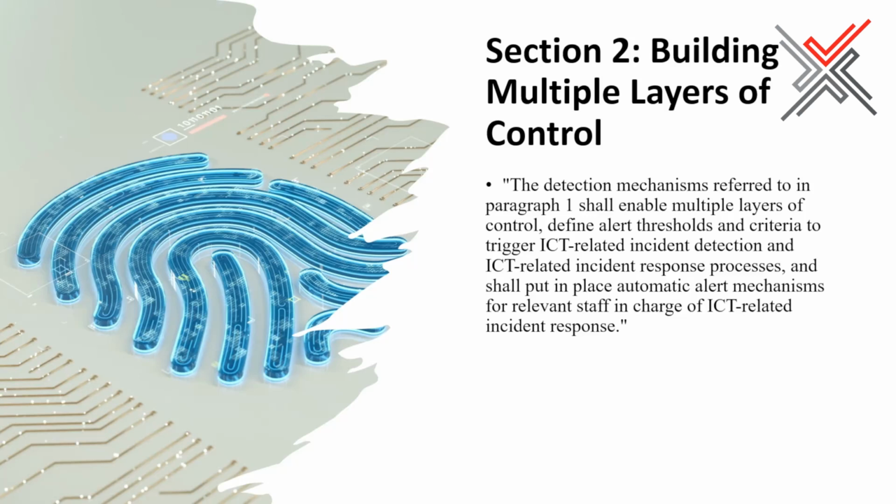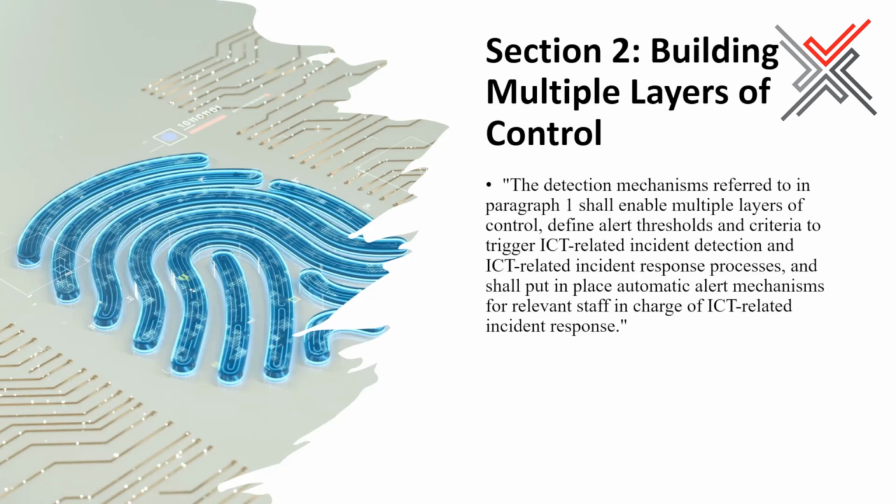For instance, in your system, 3 failed login attempts within a minute can trigger a security alert. So these are your digital tripwires. These are the elements that you set up to detect anomalous activities.